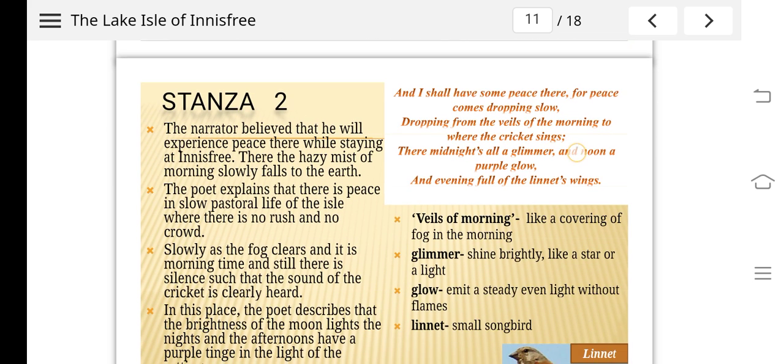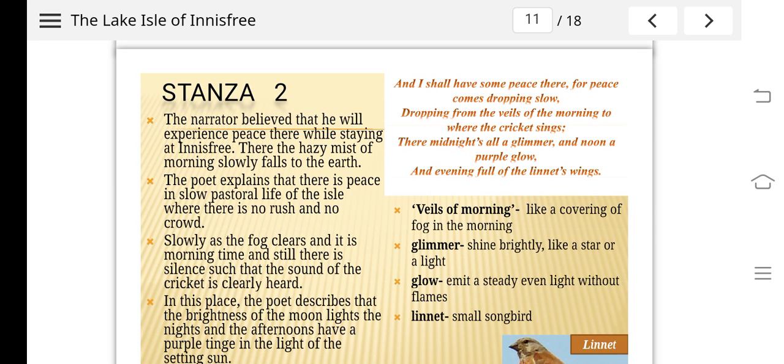Now in stanza 2 we are going to read about the next stanza, and I'll explain it also. And I shall have some peace there, peace comes dropping slow, dropping from the veils of the morning to where the cricket sings.